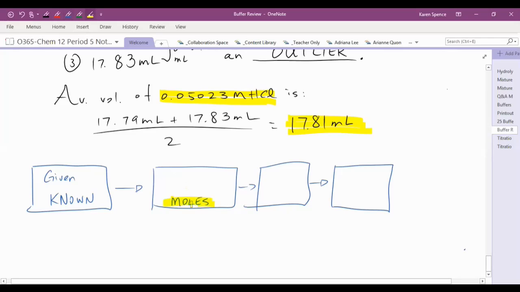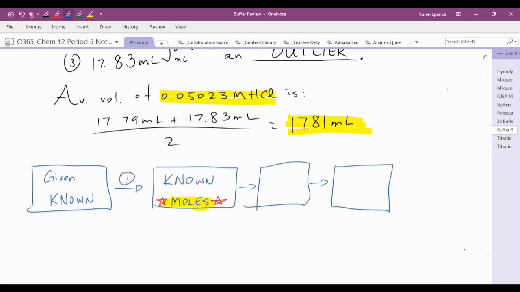Let's put a big star beside that because in step 1, you're always converting into moles, and that's going to be moles of your known. I don't know why I wrote moles at the bottom, but that's okay. In the second step, we're always going to be converting into what?